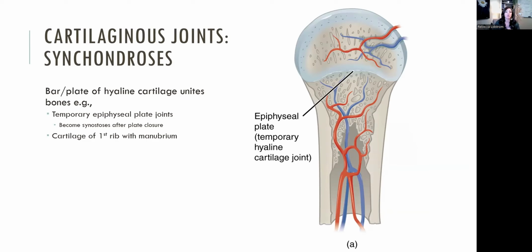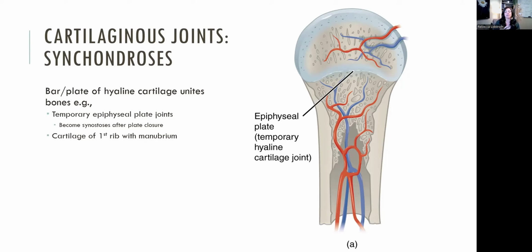Remember when we talked about bone growth in long bones, we talked about the epiphyseal line, and that is going to be where hyaline cartilage sits temporarily in infants and children before we hit puberty, and that closes after puberty. But where that line is at is where we are building and ossifying new bone.